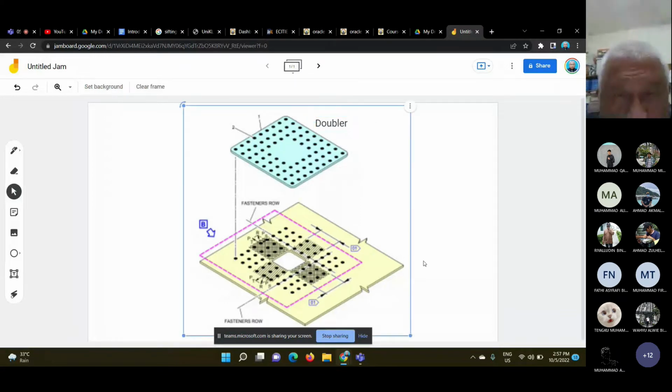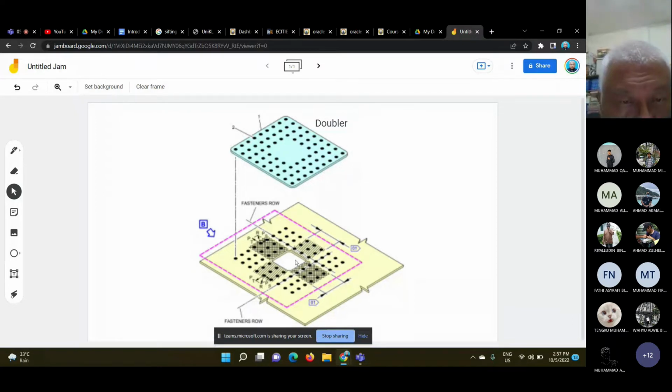which is used to transfer the load which has been lost.